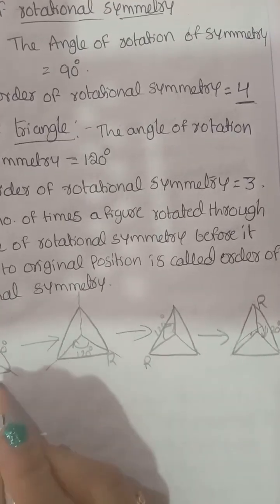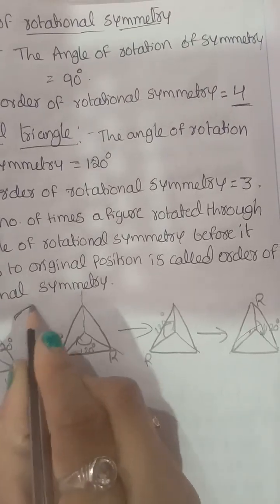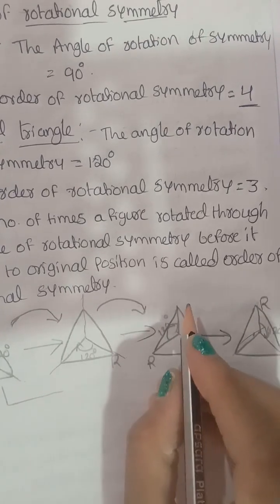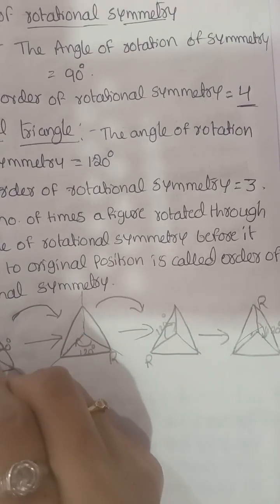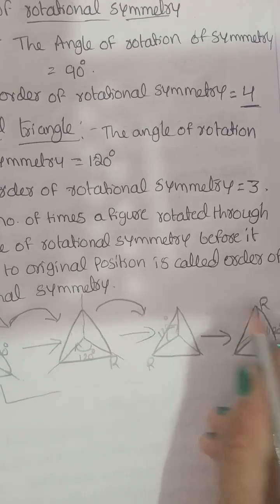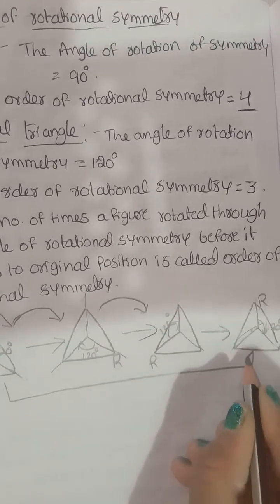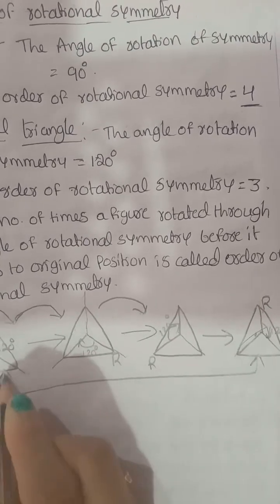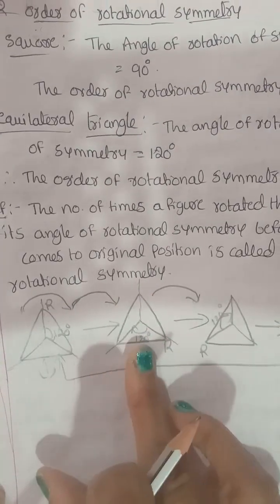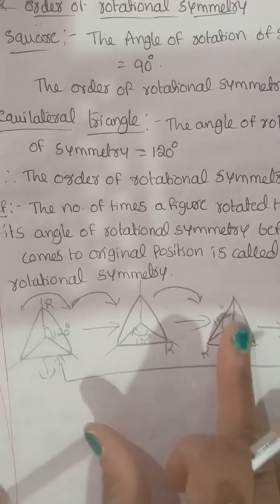This is the initial position, this is the first time and this is the second time, and if it is rotated like this and then again, we get this. Okay? Finally, this equilateral figure is rotated by 120 degrees every time: first position, second position and third position.